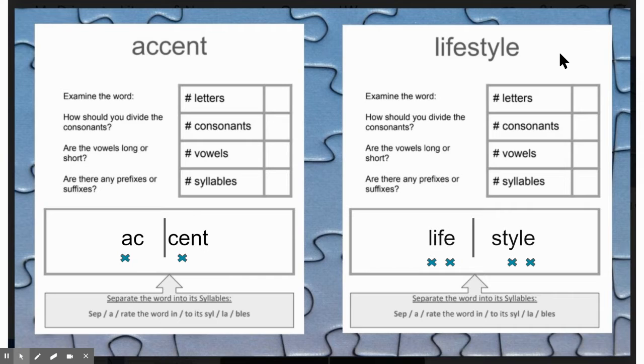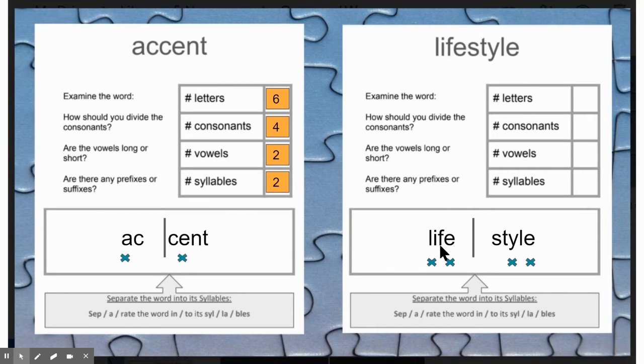And then the second word is a compound word made of two shorter words, lifestyle. The first word is made of two CVC syllables. That's why it has short vowel sounds. It has 6 letters, 4 consonants, 2 vowels, and 2 syllables. And each of those syllables are CVC syllables, like we talked about last week.